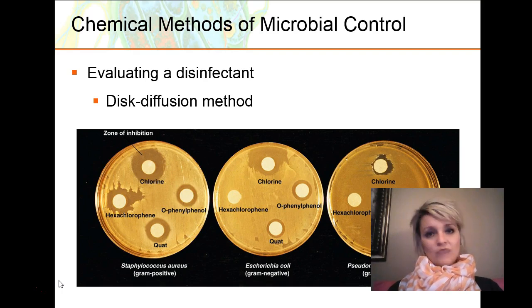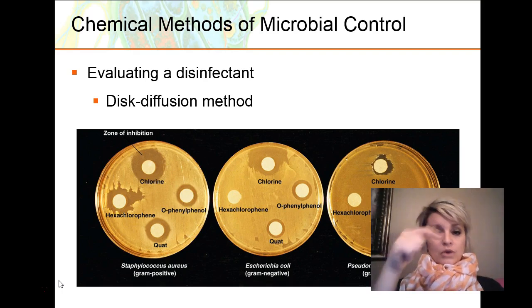No, right? Which one does not treat E. coli? The hexachlorophene, right? And I know that because there's no zone of inhibition. When you look at the microbial growth, it is growing all the way up and around that hexachlorophene.